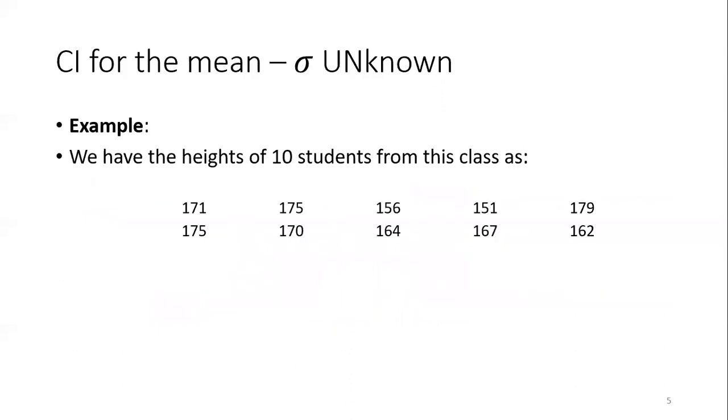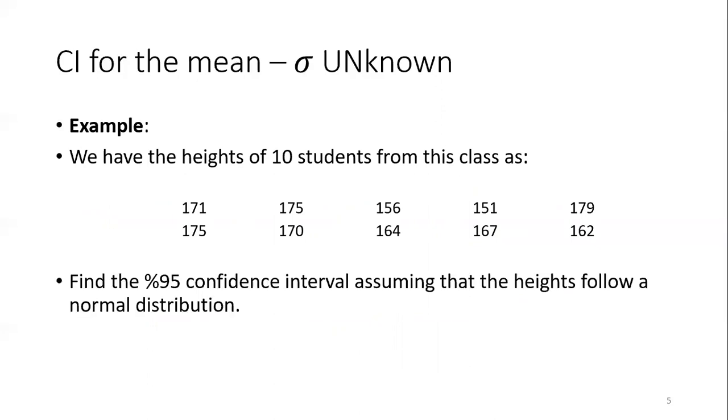So remember our example, we have the heights of 10 students from this class. Just find the 95% confidence interval, which means alpha is equal to 0.05, assuming that the heights follow a normal distribution. So we are not given sigma, we will just use s. In order to use the t distribution, we need this assumption, which says that the heights follow a normal distribution.